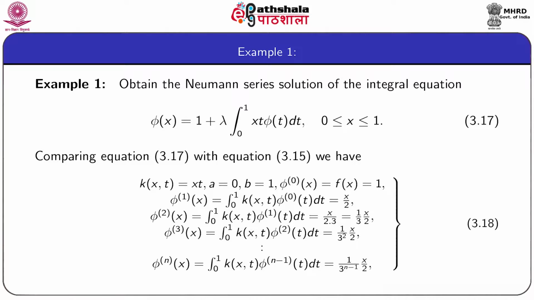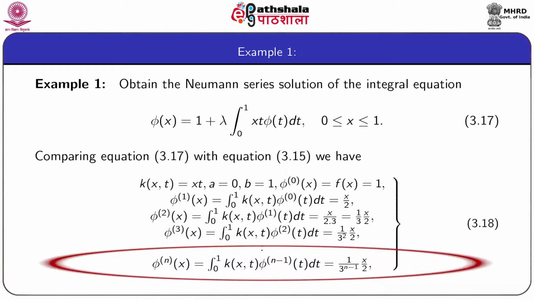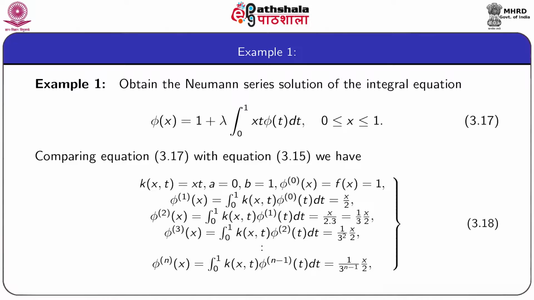If I continue this process, I obtain phi superscript n of x equal to the integral from 0 to 1 of k(x,t) phi superscript n minus 1 of t dt. Substituting phi superscript n minus 1 of t, we obtain phi superscript n of x as 1 by 3 to the power n minus 1 into x by 2.